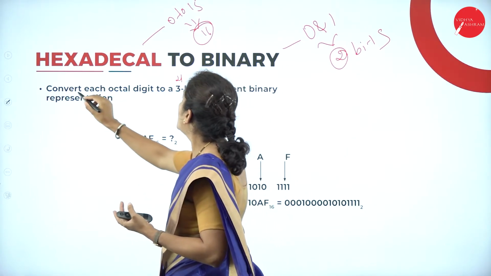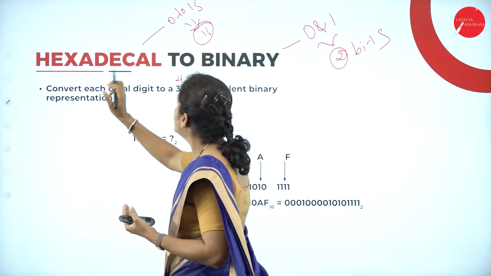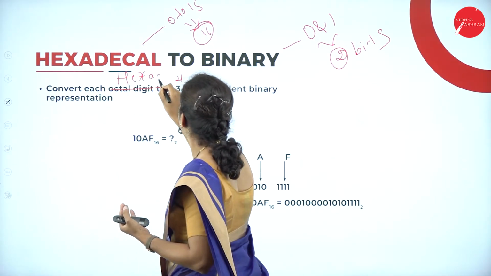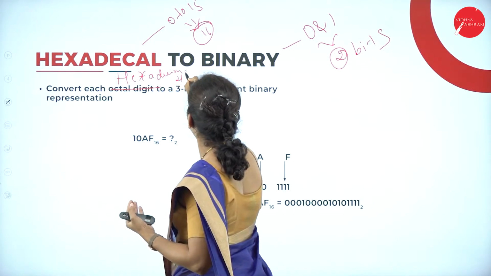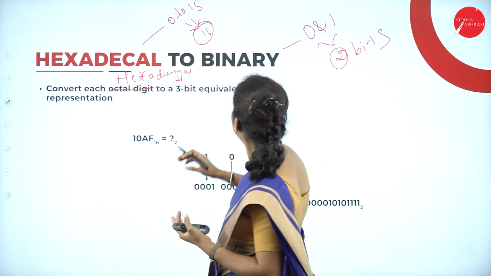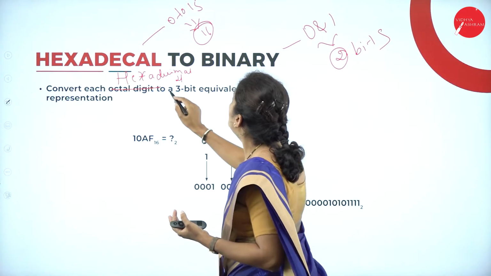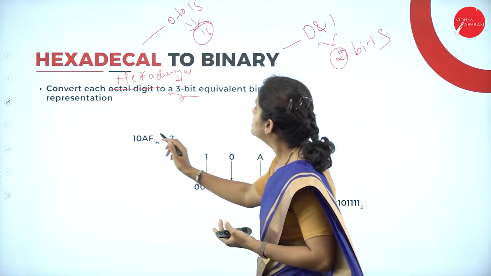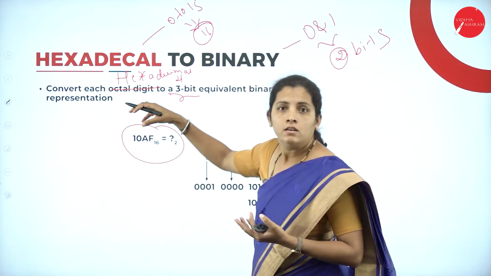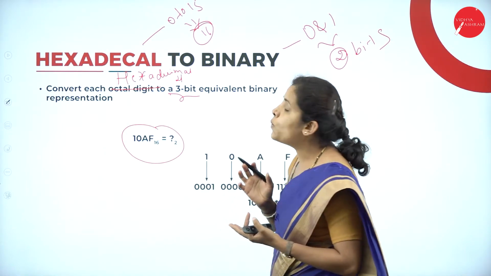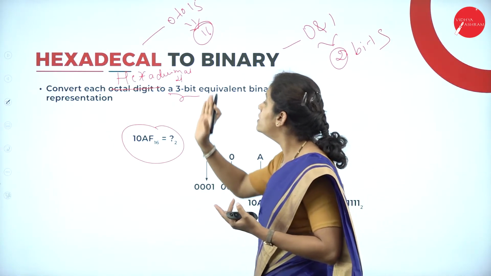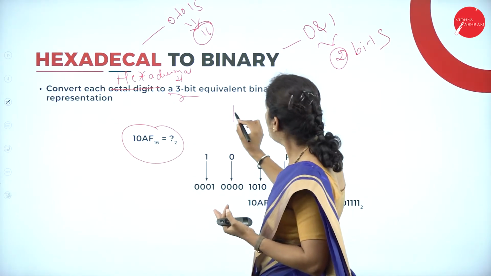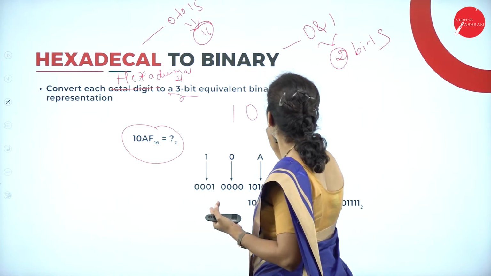I repeat, I'm going to convert each hexadecimal digit to binary using a 4-bit equivalent. So this is the actual hexadecimal value. I'll write 10AF.